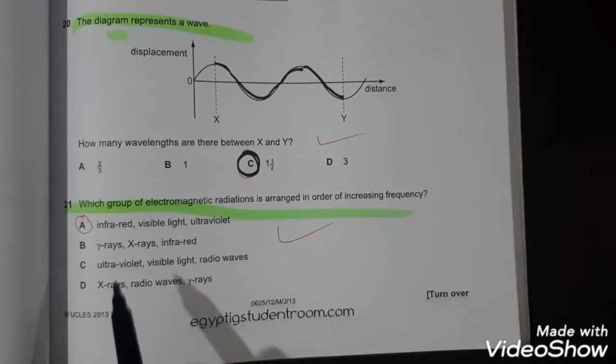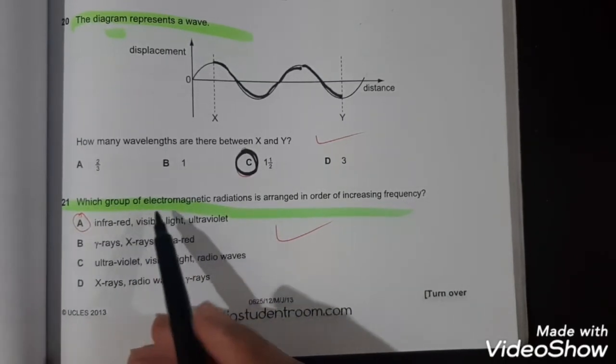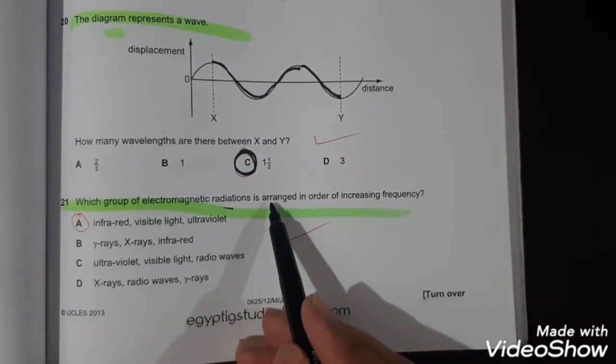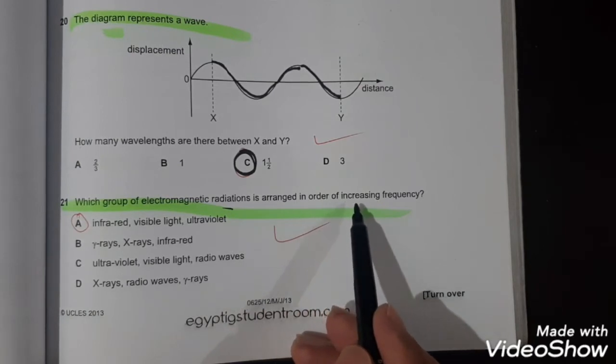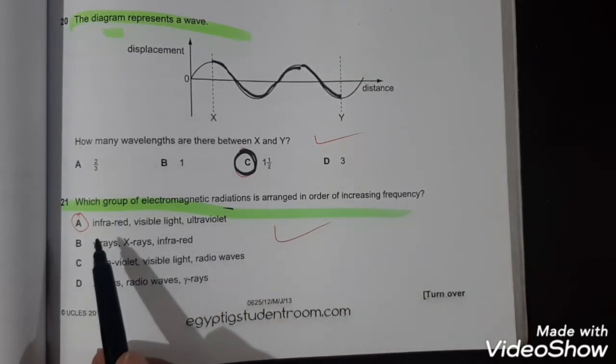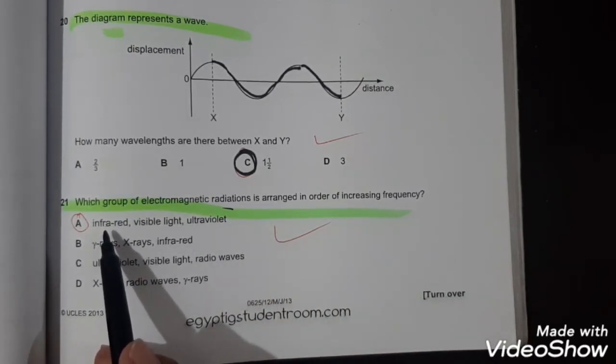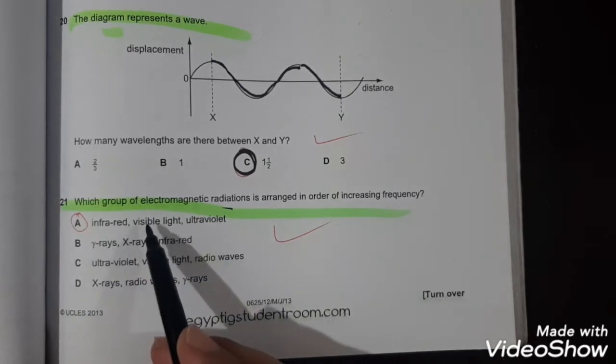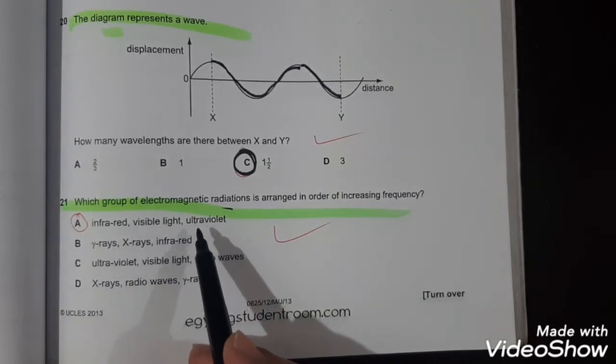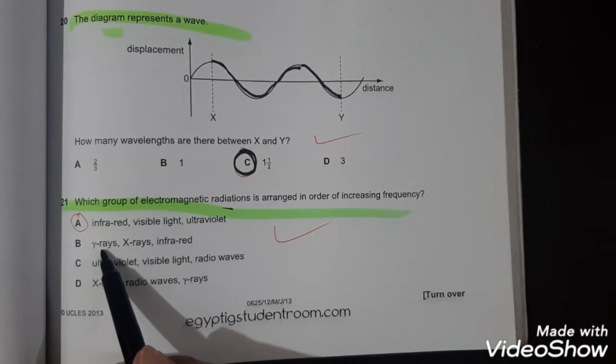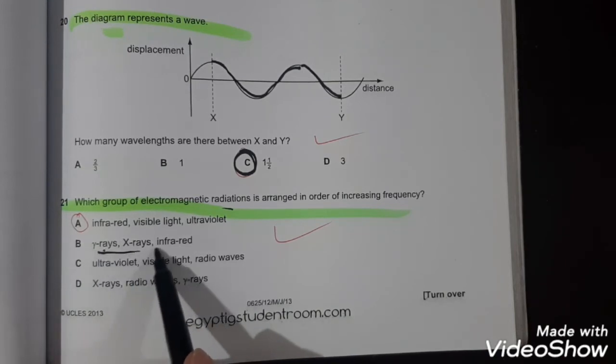Then question 21 states which group of electromagnetic radiations is arranged in order of increasing frequency. So first one will be the infrared waves, then second is visible light, and third is ultraviolet. In B, X-rays and gamma rays are the highest frequency, so this is wrong in the order.